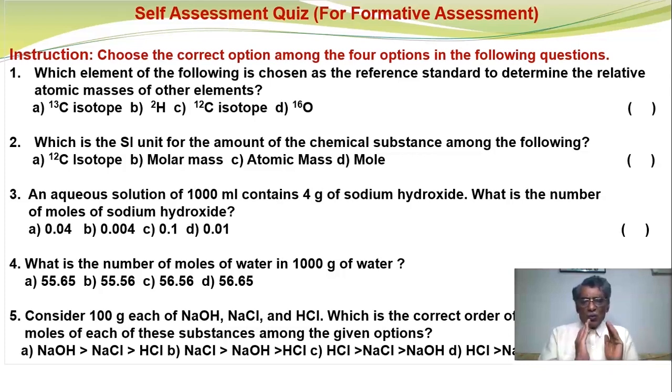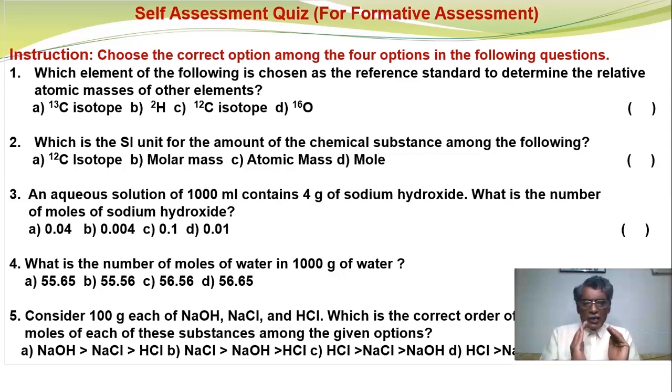Question 4. What is the number of moles of water in 1000 grams of water? Option A, 55.65. Option B, 55.56. Option C, 56.56. Option D, 56.65.